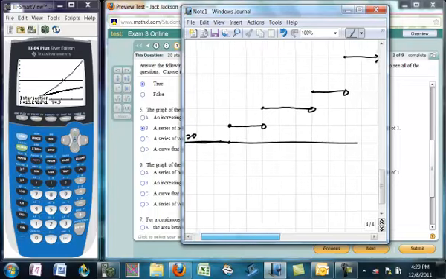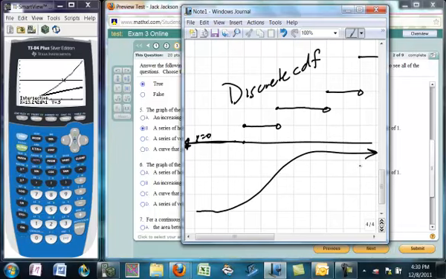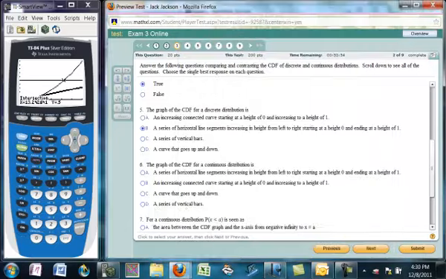So it's kind of a stair-step function. In fact, we call that a step function. So that's what the CDF looks like for discrete. The continuous CDF is going to start at 0 and somehow come up and level off at 1 at some point. This may actually be 0 here and 1 here, or it might just be an asymptote.